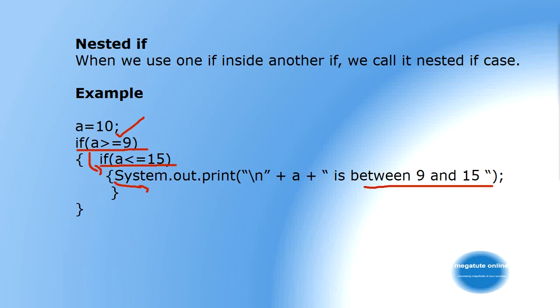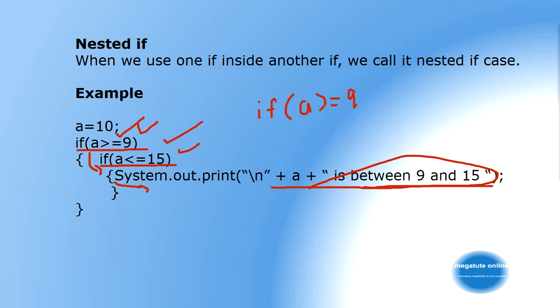Without using the logical operator, you can do the execution of the AND operator case here. Over here also this will be executed when both conditions are true, same like the AND operator. If I try to do it with the AND operator, I would have done it like this: A is more than or equal to 9 and A is less than or equal to 15.